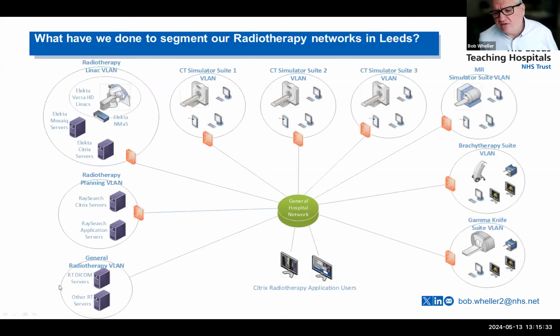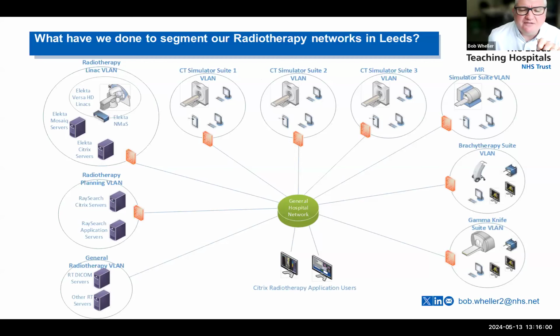So this is how we configured the radiotherapy network at Leeds. If I start off in the top left-hand corner, you can see that we've got all of our linear accelerators. Nowadays, the manufacturer, Elekta, actually provides what they call an NMAS system, which is a kind of mixture between an intrusion protection system and a firewall.